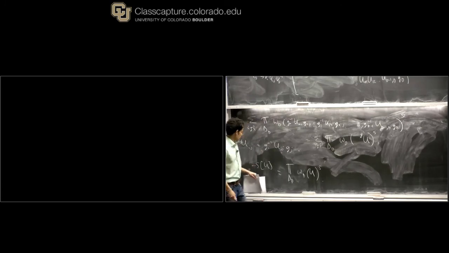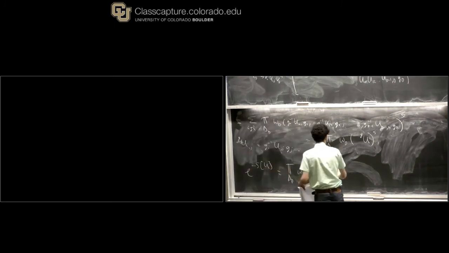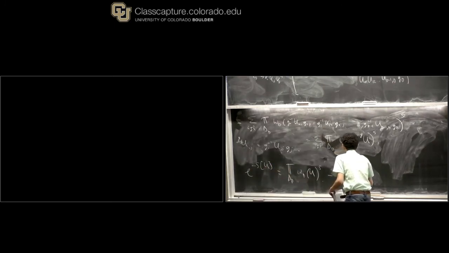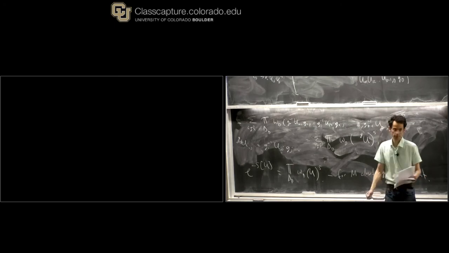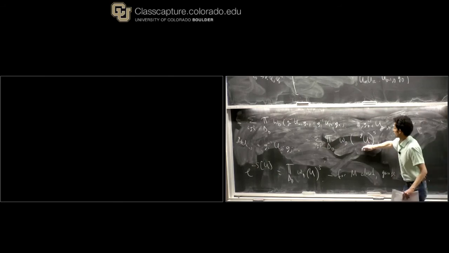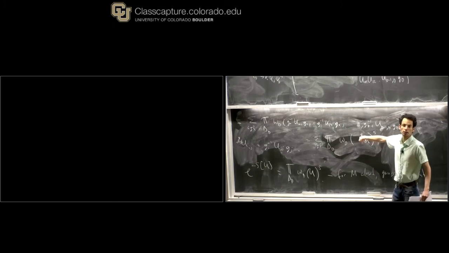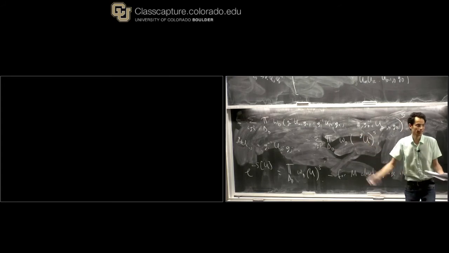My claim is that if my manifold M is closed, this is gauge invariant. That is, these expressions, these products, don't depend on G. So then it's trivial to take the sum over G's.